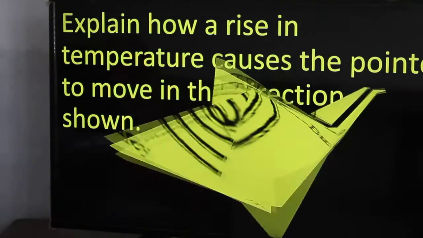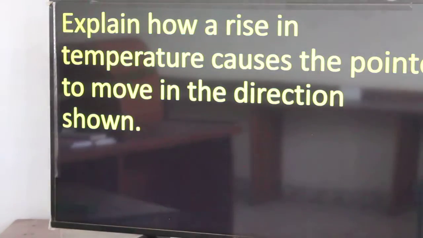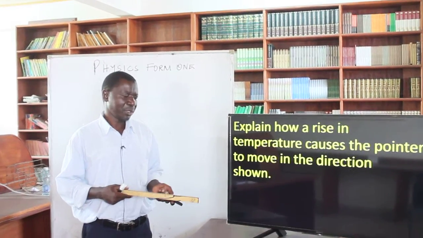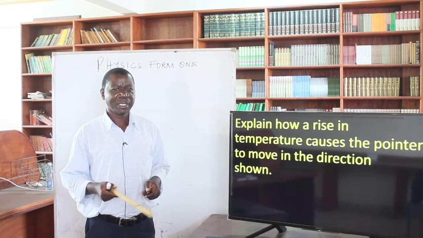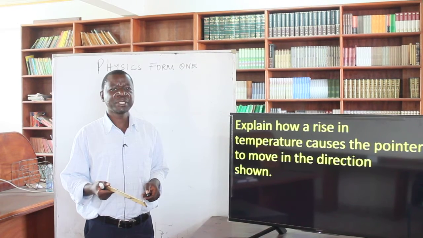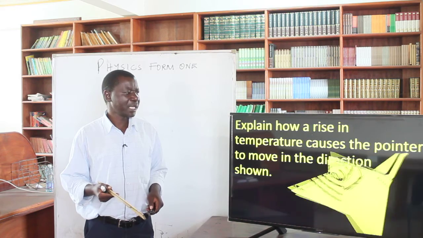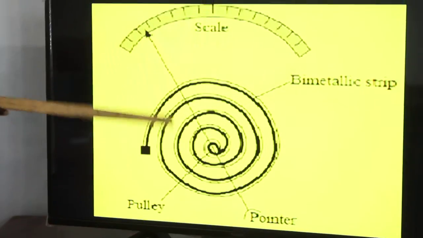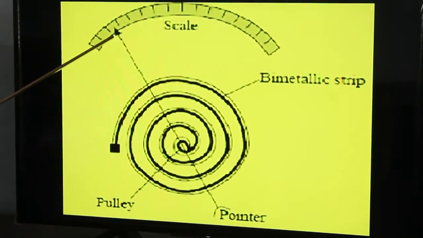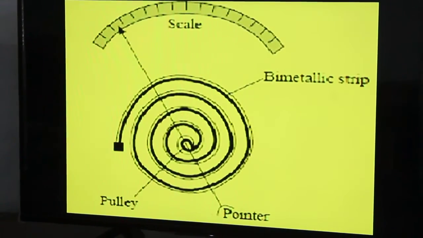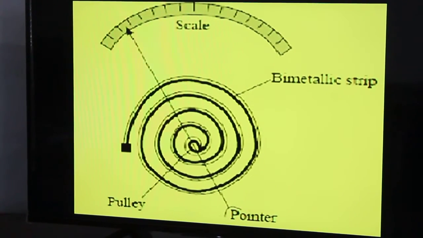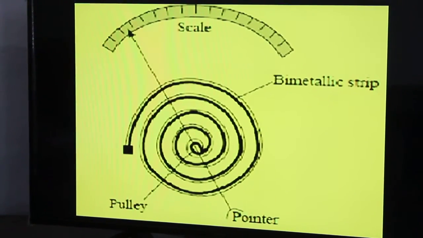The question is, explain how a rise in temperature causes the pointer to move in the direction shown. A rise in temperature will make this pointer move in the clockwise direction, so that's the direction we are told to explain.